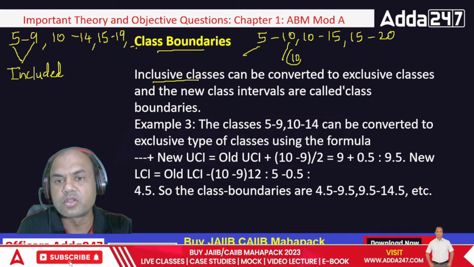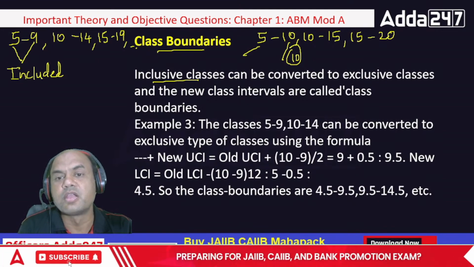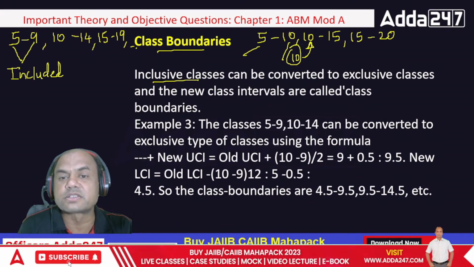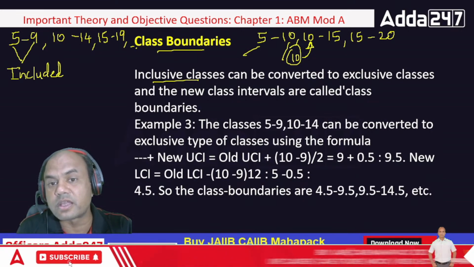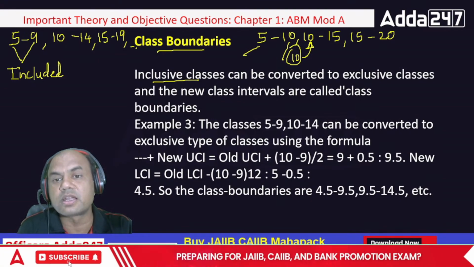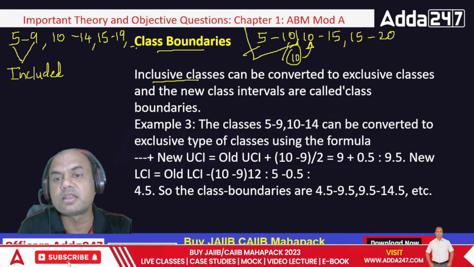Where will this 10 come? In 5 to 10, or in 10 to 15? It will come in 10 to 15. So one part is excluded, even though I mentioned it over here as 10. If I get the number 10, I won't include it in this class. I'll include it in the next class.